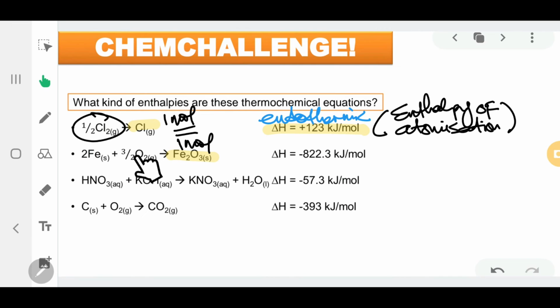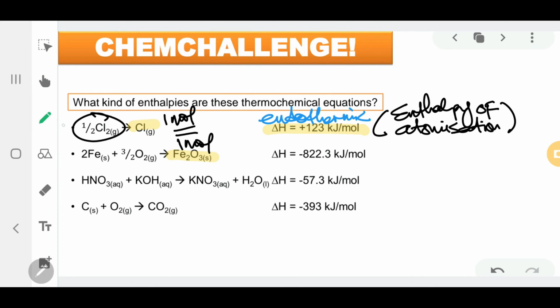So you have oxygen elements, you have iron elements. These are not elements, these are molecules. These are elements because inside this you only have oxygen, and inside this you only have iron. So you have 1 mole of compound being formed, you have the heat change right there, and Fe2O3 is formed from its elements.